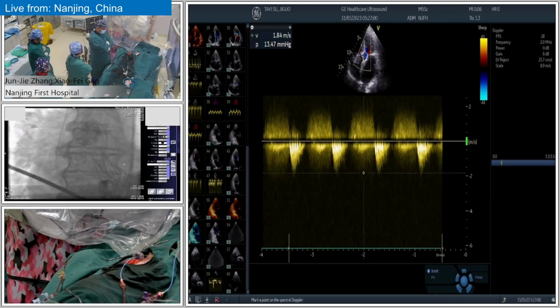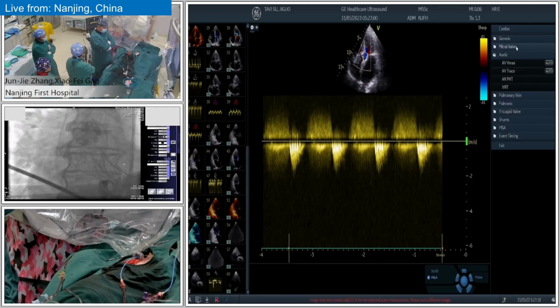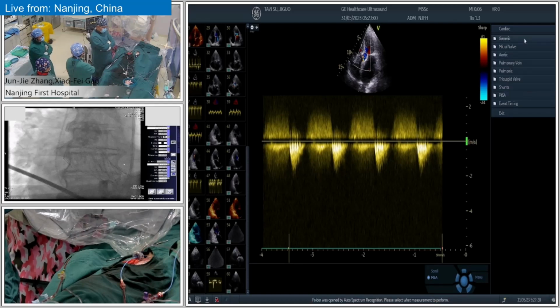The transaortic valve velocity max is about 1.8 meters per second, and the peak pressure gradient is 14 millimeters of mercury, and the mean pressure gradient.